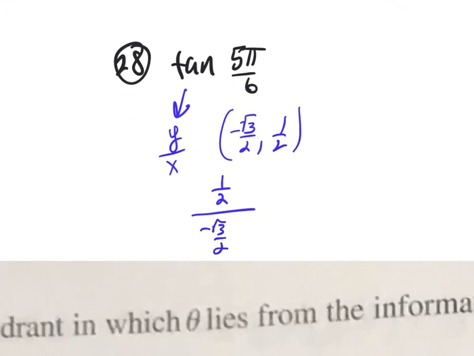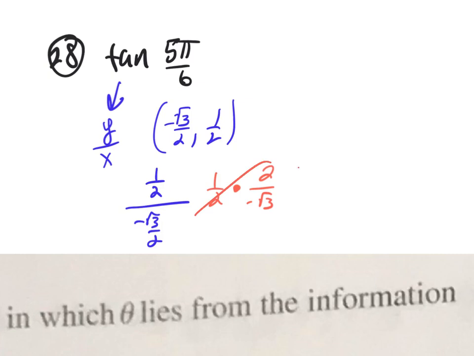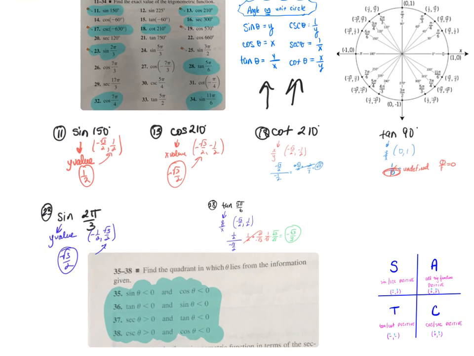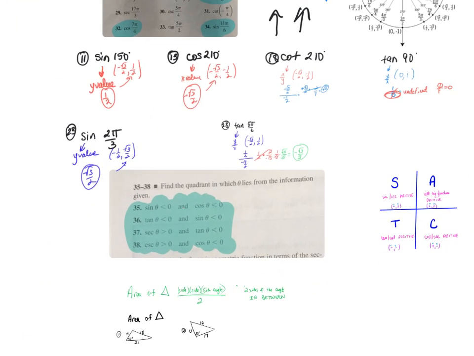So keep change flip. My 2's cancel out, so I have 1 over negative root 3. Well, we can't have a root in the denominator, so we're going to rationalize. So I end up with negative root 3 over 3. And that's that.